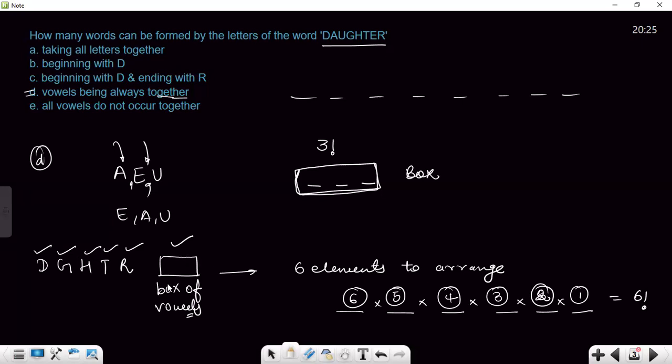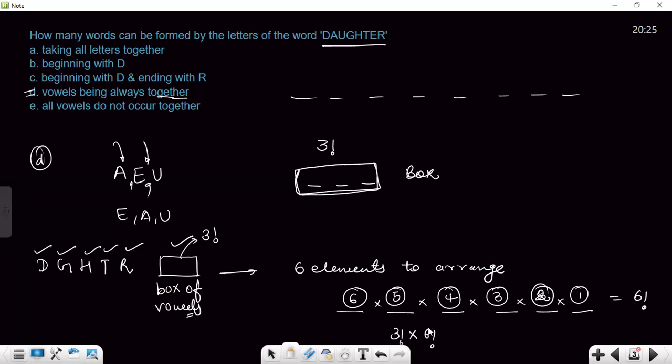And in this particular element, which is a box, to arrange the elements inside the box we had 3 factorial ways. So this event of arranging 3 vowels inside the box will also be counted. So 3 factorial multiplied with 6 factorial.